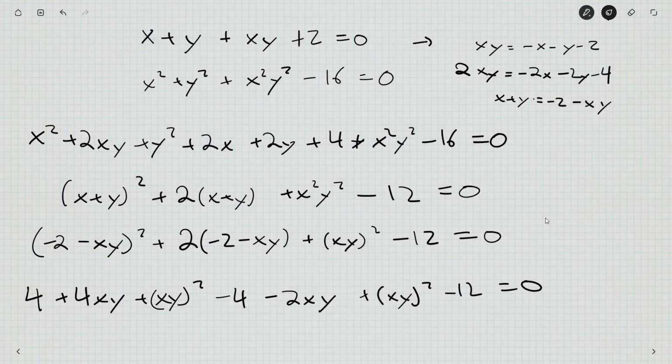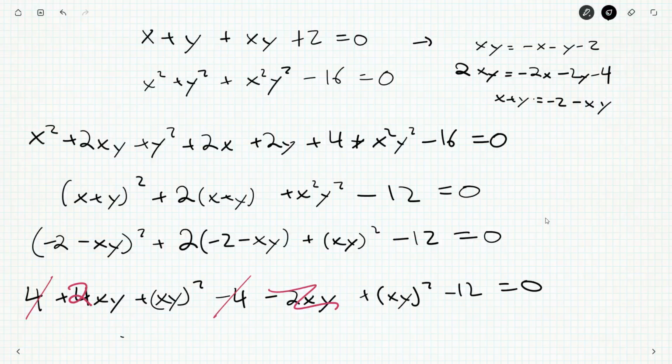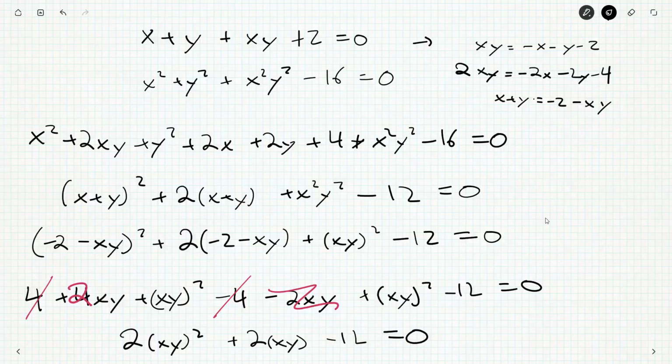These 4's will cancel out, as will 2 of these xy's. And then I will have 2 times xy all squared plus 2xy minus 12 equals 0, and that at least is a quadratic I can deal with.